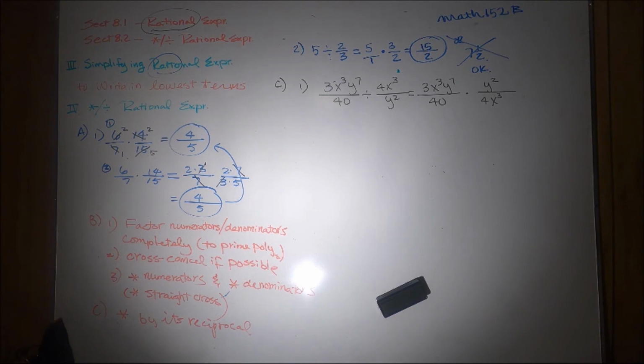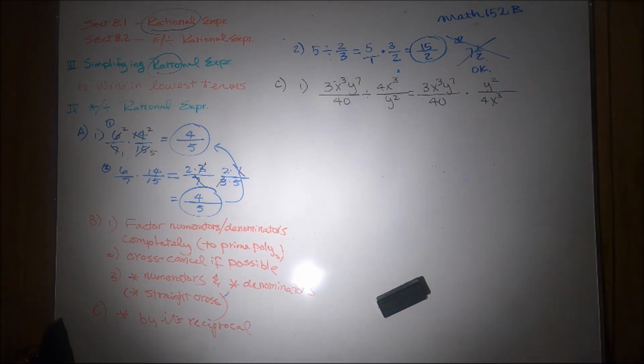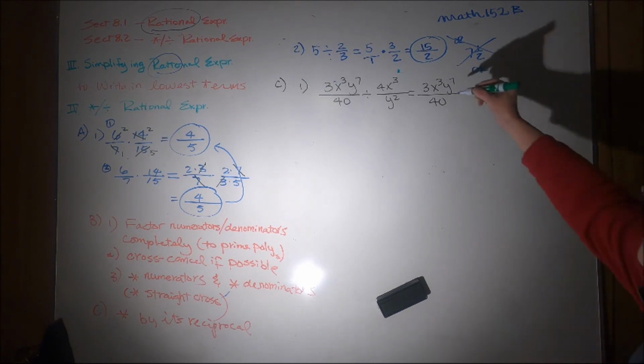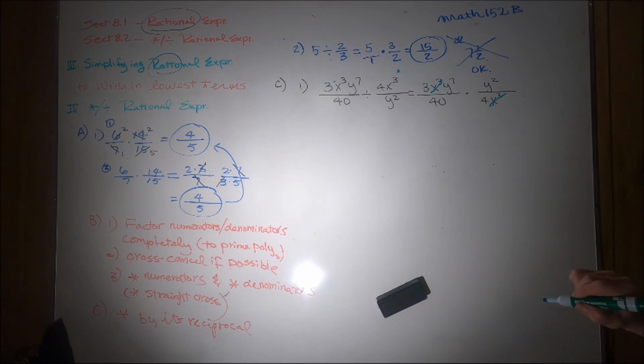Then we get simplest form, prime, prime, prime, prime, one term, all monomials. So we clean up by cross canceling. The x cubed goes away. Anything else?